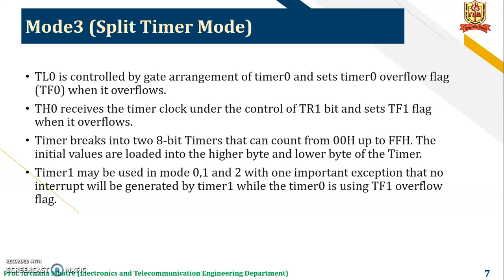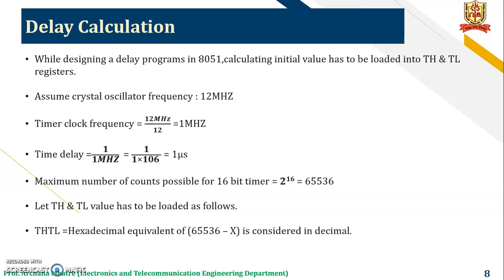The initial values are loaded into the higher byte and lower byte of the timer. Timer 1 may be used in mode 0, 1 and 2, with one important exception: no interrupt will be generated by timer 1 while timer 0 is using the TF1 overflow flag. Now next we will study the delay calculation.